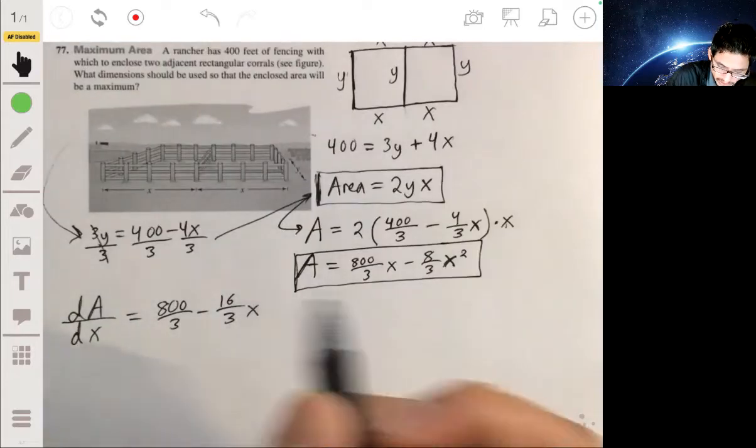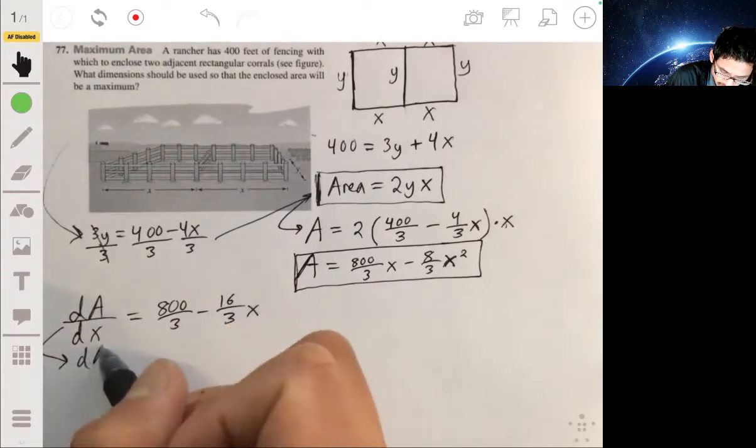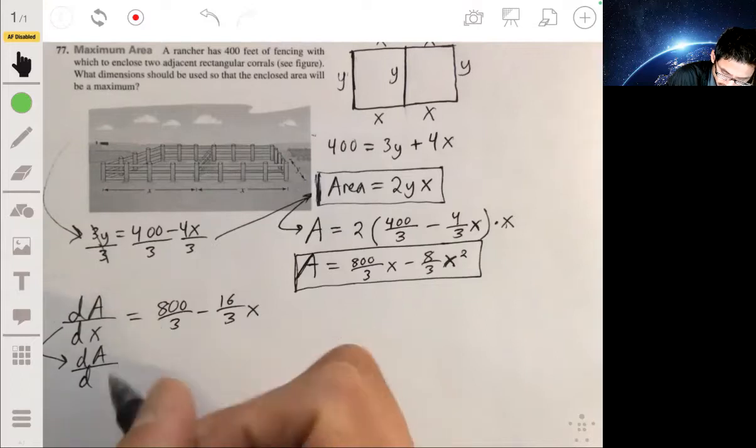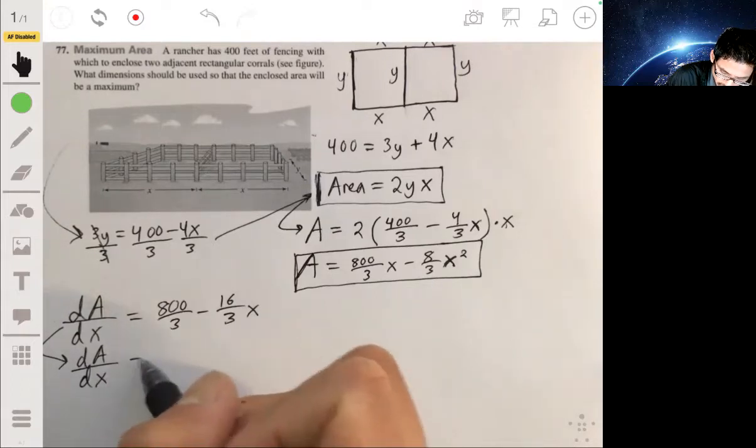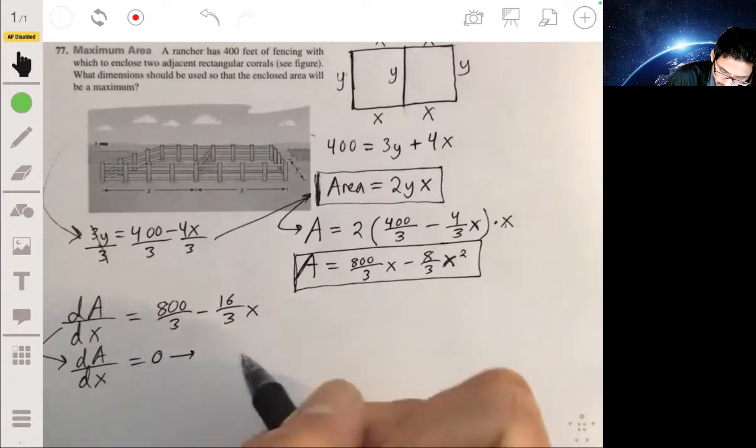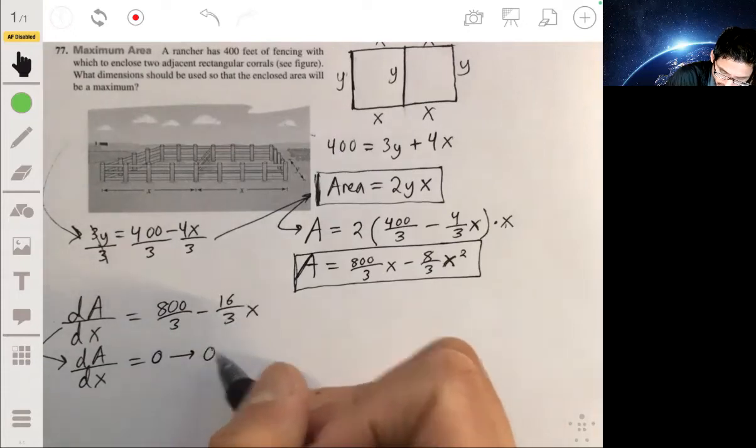To find the critical values, we're going to set the derivative equal to 0 and solve for the zeros. So 0 will be equal to this.